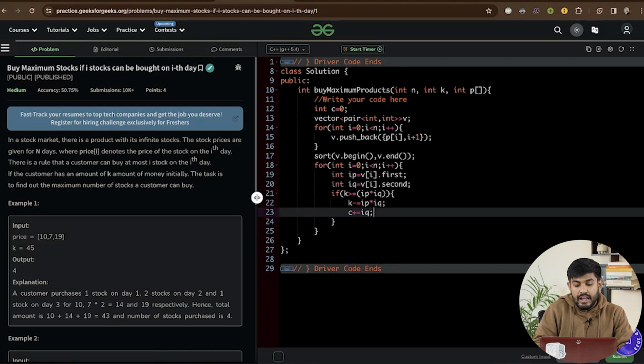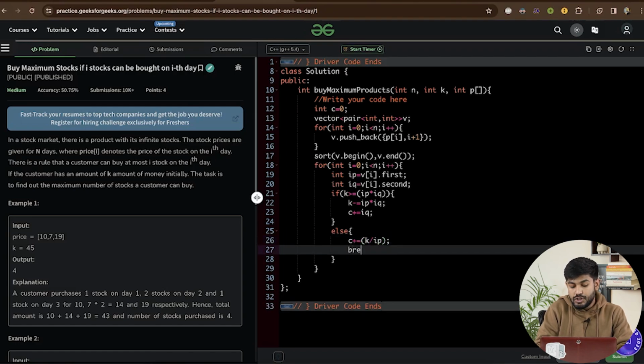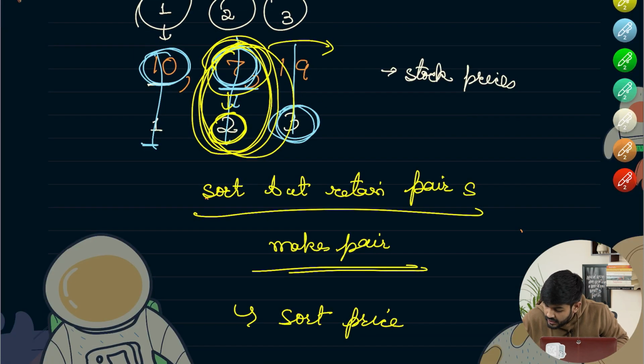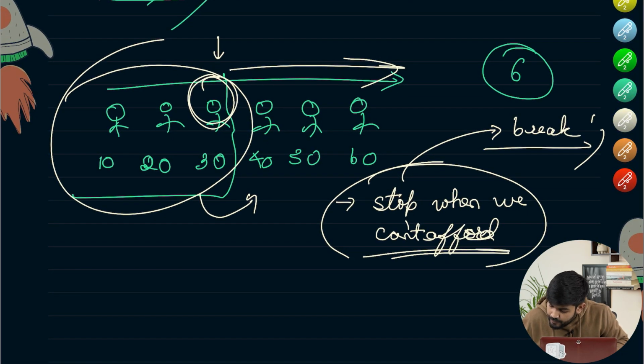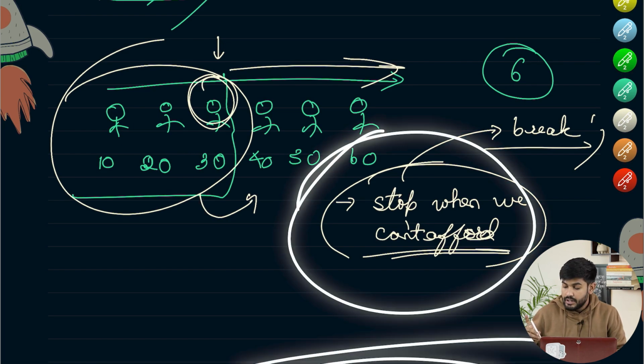This is done. Else my budget is lower than the required value, so I would buy the fractional of whatever I can buy, that is K by IP, fractional, and then I would stop, because this is told here that stop when we can't afford. This is told na, stop when we can't afford, this thing we are doing.